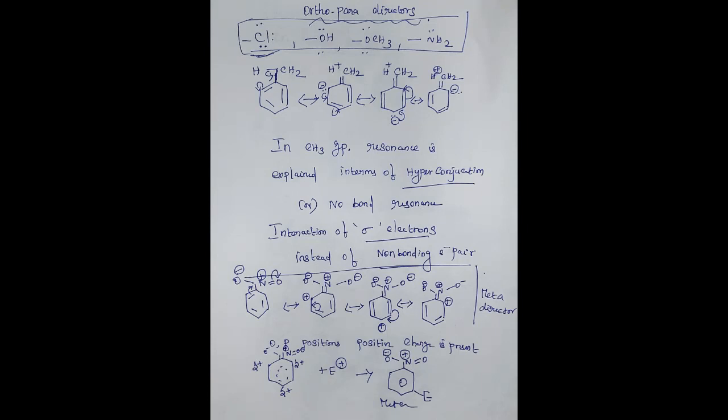Then we will see an example for meta-directing groups: nitrobenzene. Generally, nitrogen is less electronegative than the oxygen atom. Oxygen is more electronegative, so it wants more electrons.